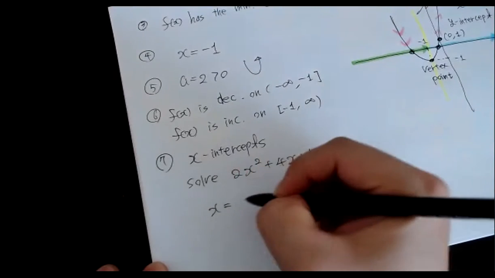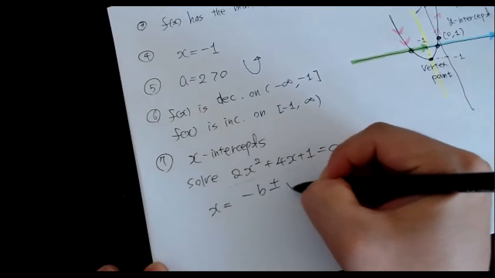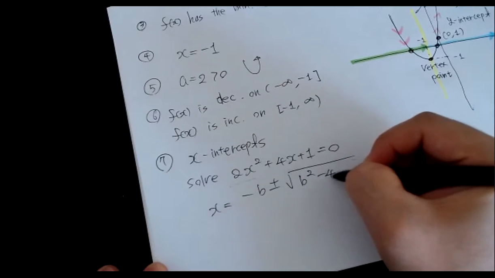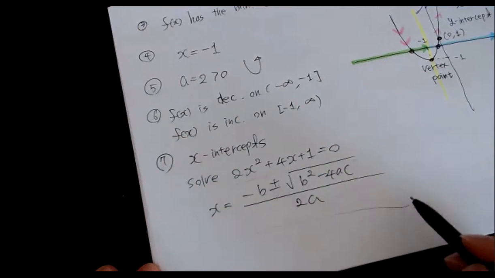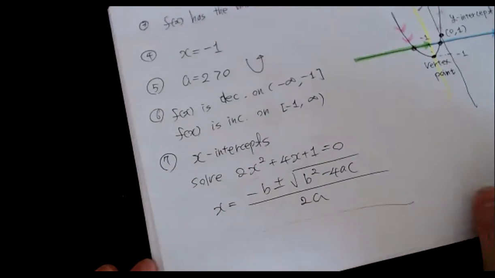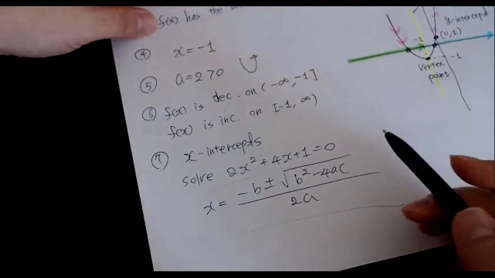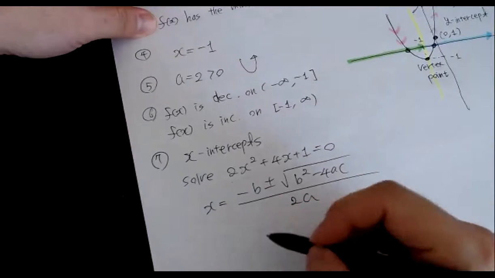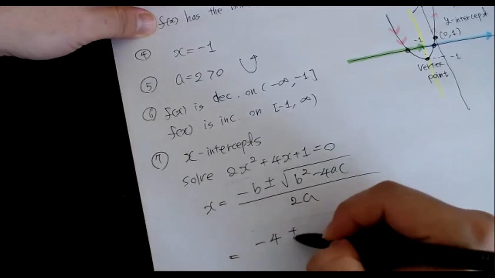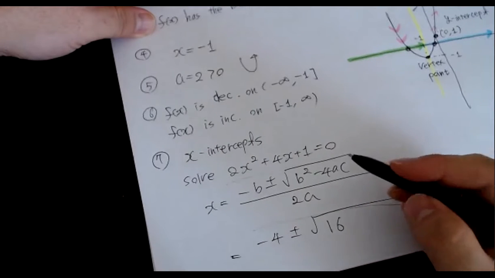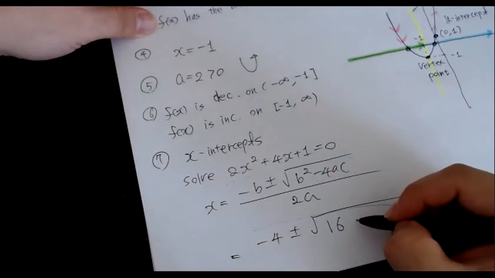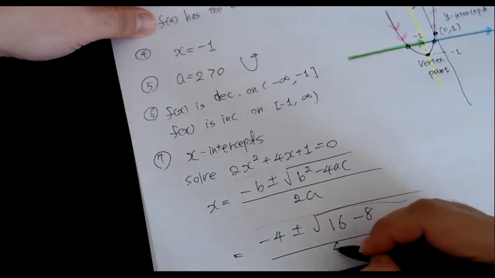Remember that x is equal to negative b plus or minus the square root of b^2 - 4ac, over 2a. Please keep this in mind; it's a really basic formula you have to memorize. So b is 4, so -4 plus or minus the square root of 16, and then minus 4 times 2 times 1, which is -8, divided by 4.